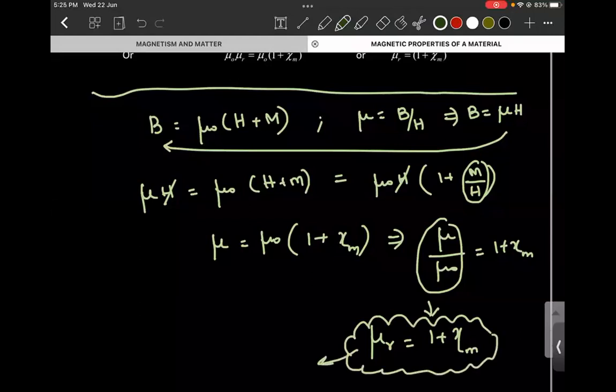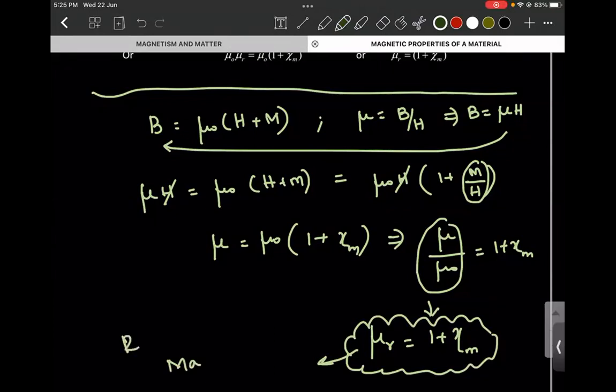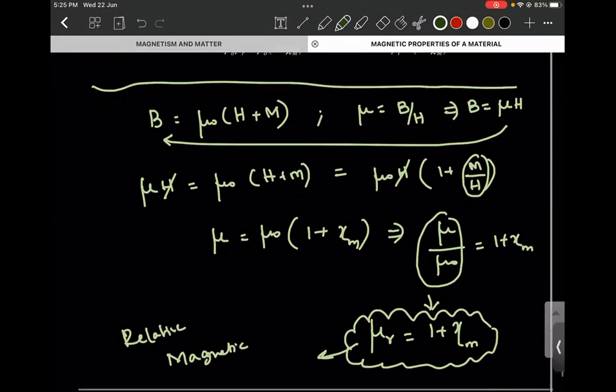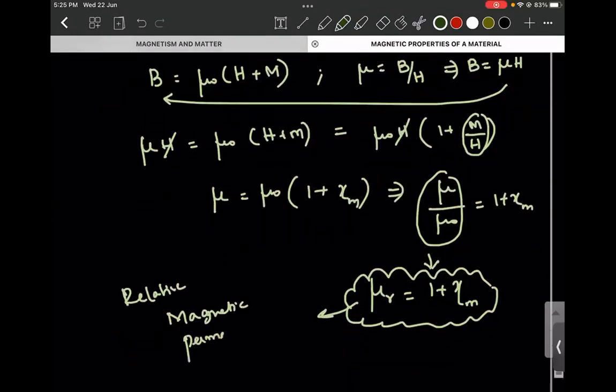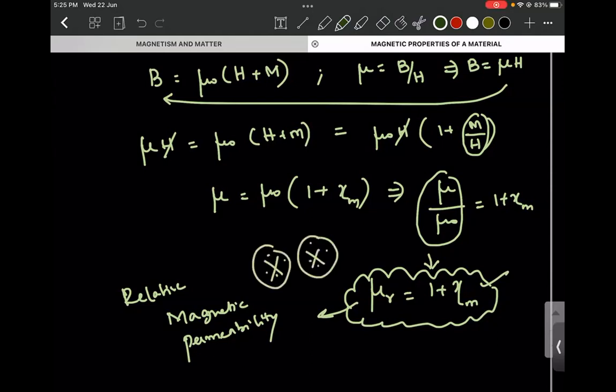Relative magnetic permeability is equal to 1 plus magnetic susceptibility. As I told you, this is a very, very important expression to remember.